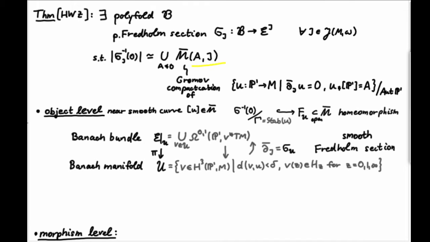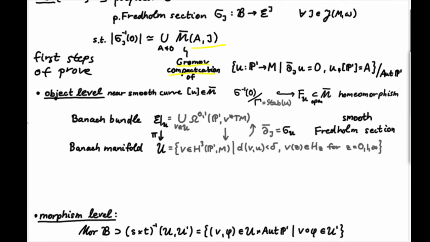So here's your Gromov-Witten moduli space, just genus 0 maps, no marked points. Our first steps of proving that the compactified moduli space can in fact get cut out by a polyfold Fredholm section were to make those Fredholm sections near smooth curves.